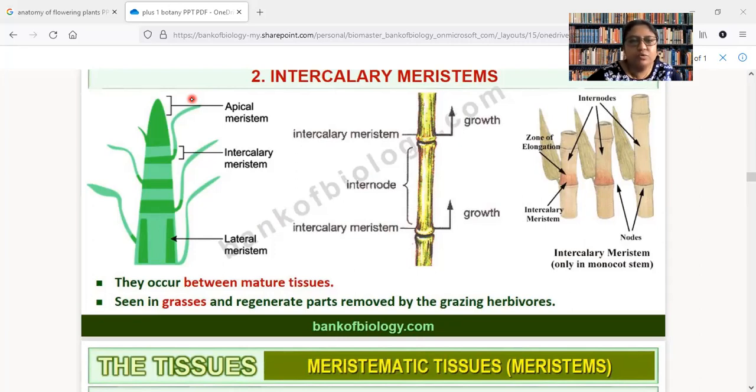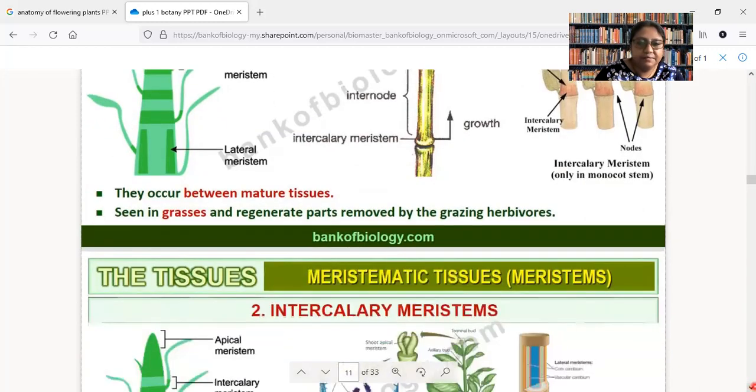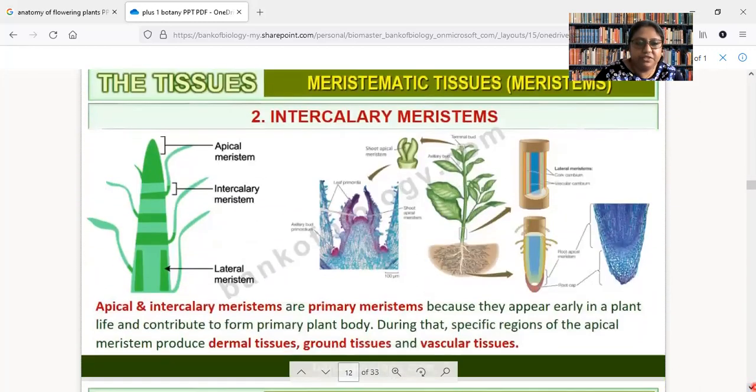Okay, so you can see here, this is the intercalary meristem part, the internode, which is the permanent tissue. Again, intercalary meristem is there, which can grow so that there will be increase in the size. Okay. Next is some more pictures.